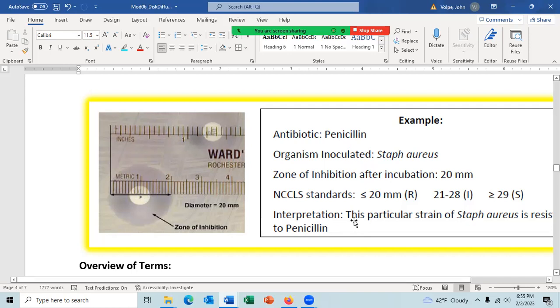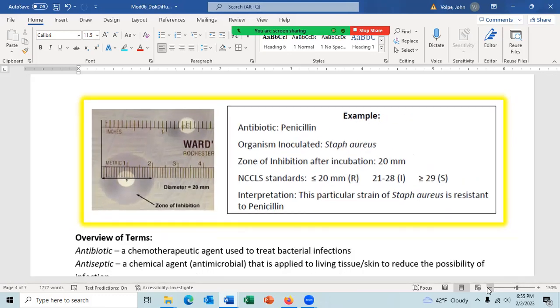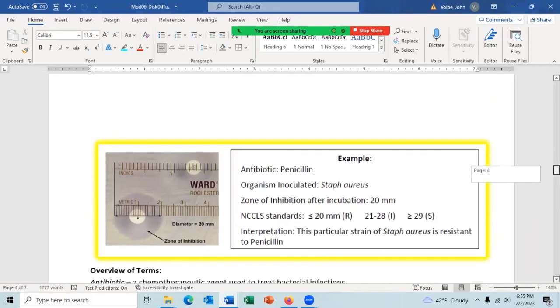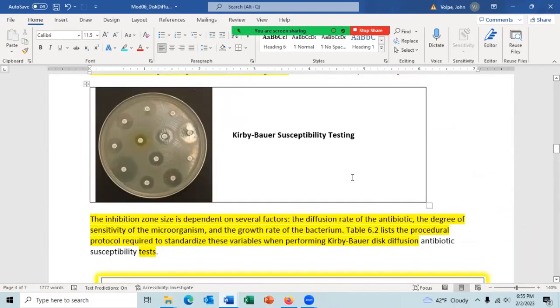All right. So the complication is you have to measure the size of the zone of inhibition and then compare that measurement to the chart to determine if the bacteria is resistant, intermediate, or sensitive to this antibiotic. You simply can't look at it and state whether it is sensitive or resistant.